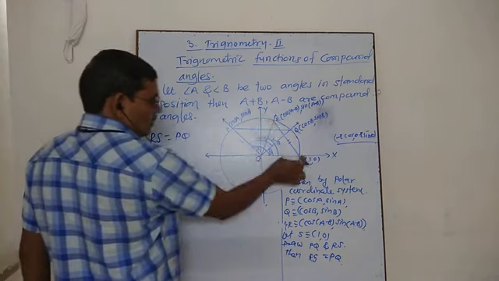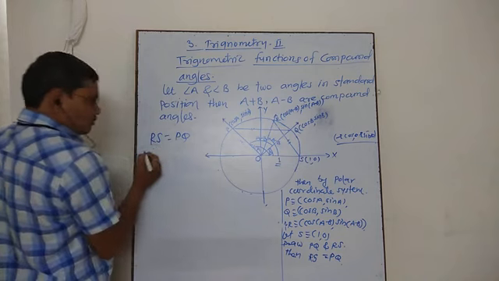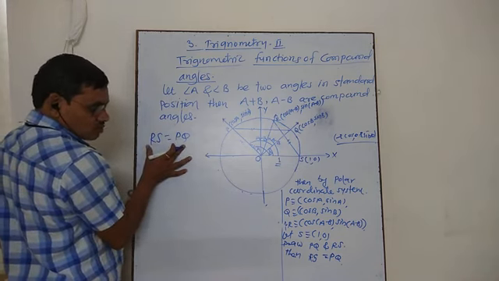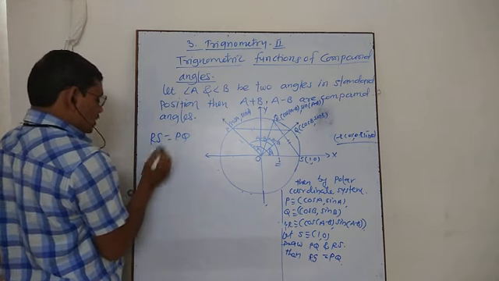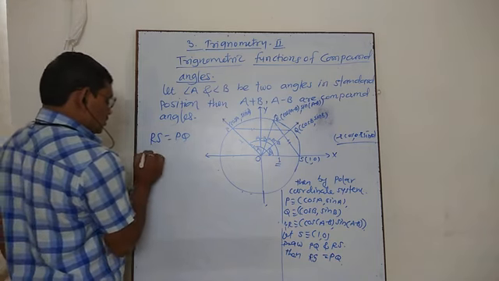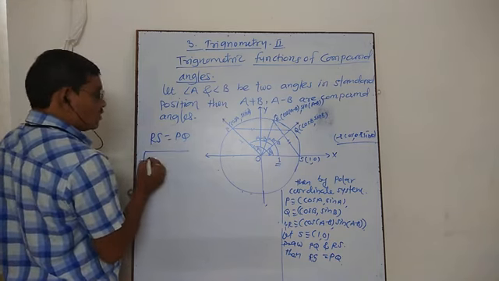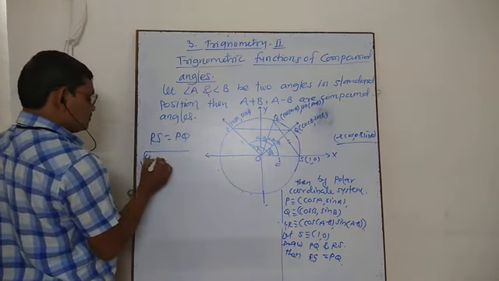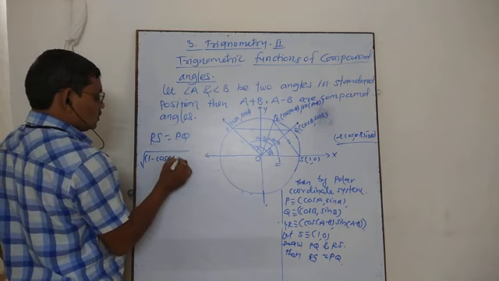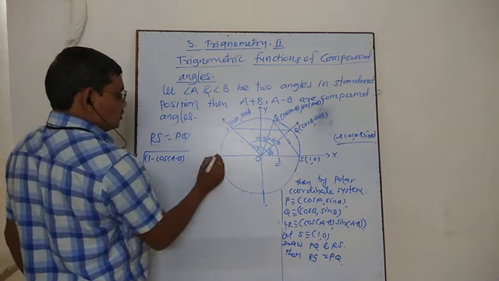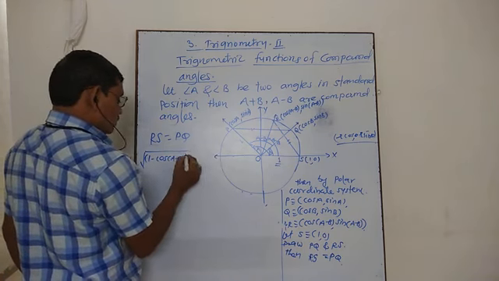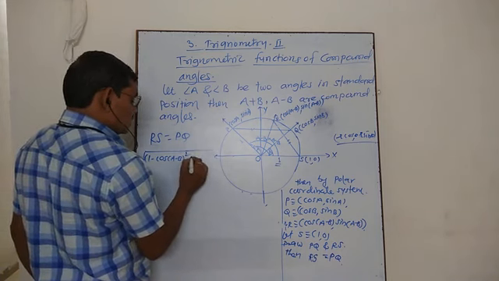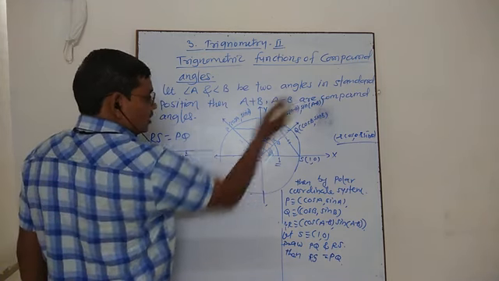By distance formula, we put the values here. So RS is square root of 1 minus cos A minus B square plus 0 minus sin A minus B square.